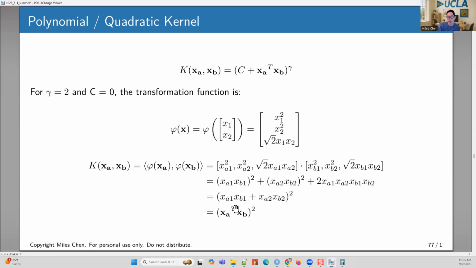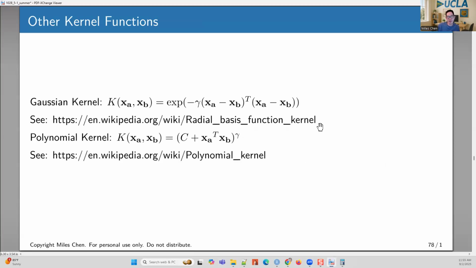And so the equivalent kernel function is xa transpose xb quantity squared, okay? And that's this kernel function, and this is the equivalent transformation function. And there are different examples of these kernel functions and their equivalent transformations, okay? And so that's the example of a polynomial kernel.